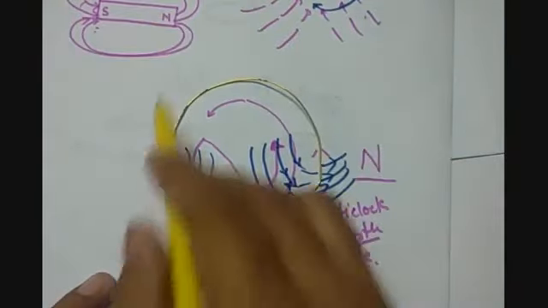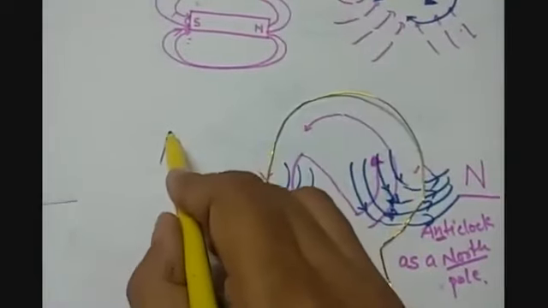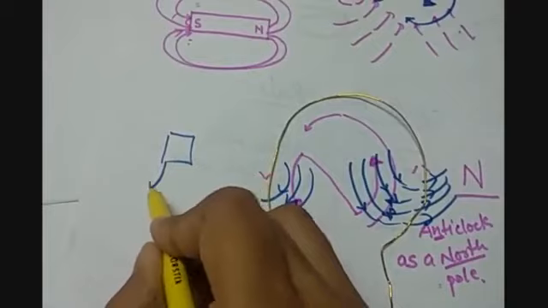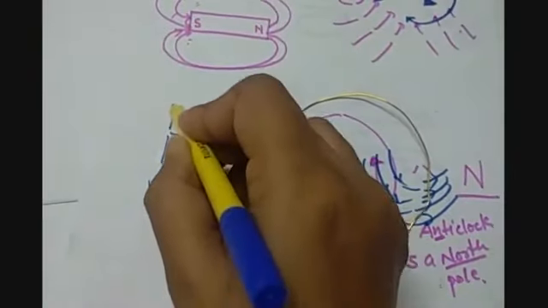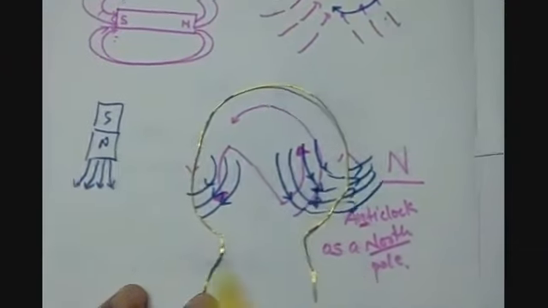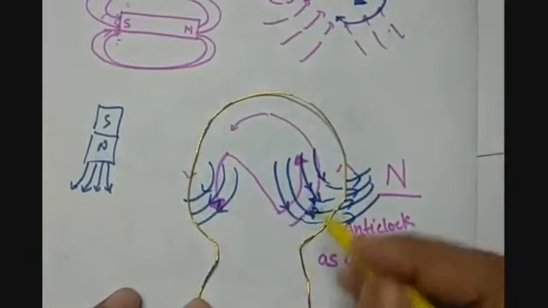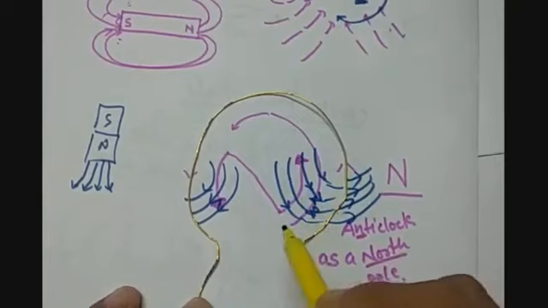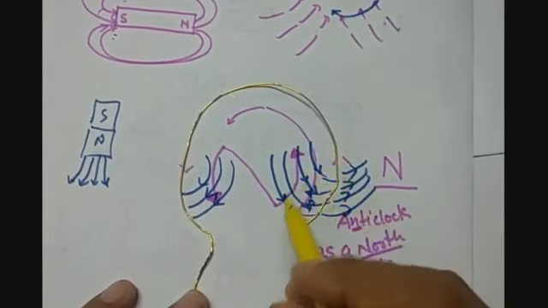So what face should this circular loop be? It should be the north pole only of the bar magnet, from where the magnetic field lines emerge out. So that is why the face of the circular loop in which the current is flowing anti-clockwise is supposed to be acting as a north pole of the magnet.